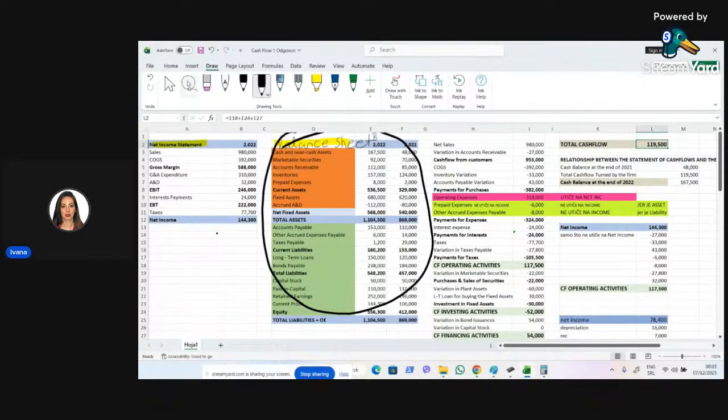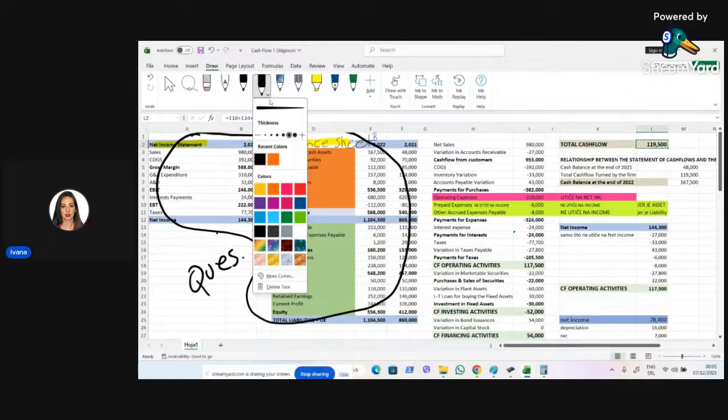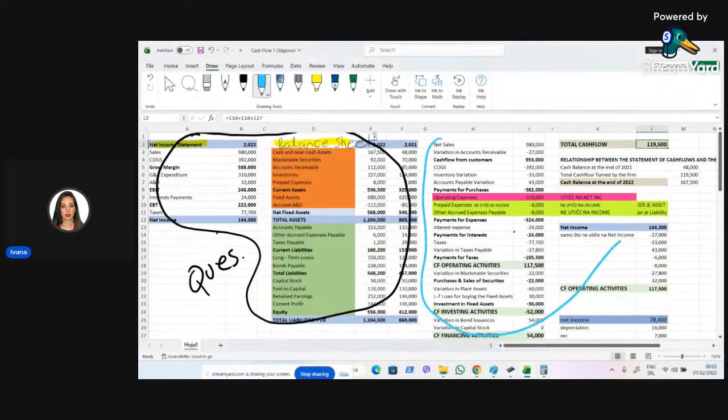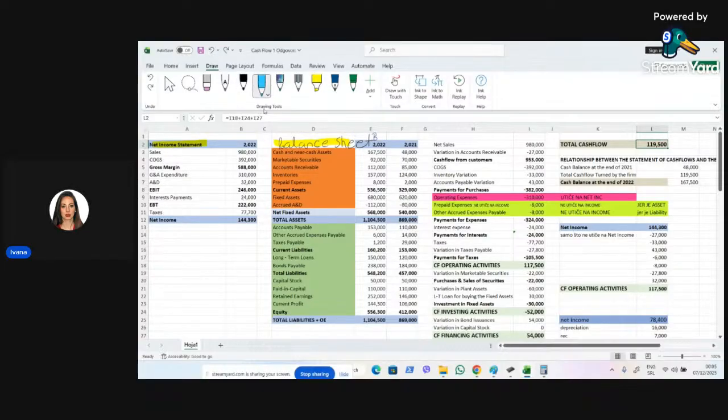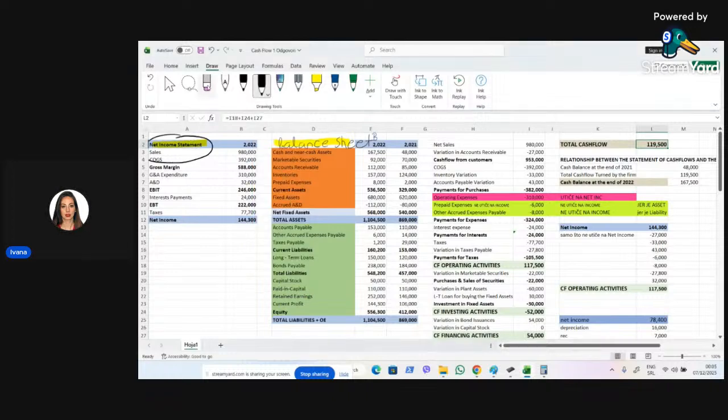Both of these are given data, and this is the question, and with the, let's say, light blue, these are the answer. As you can see, this is a net income statement, and this is the balance sheet.